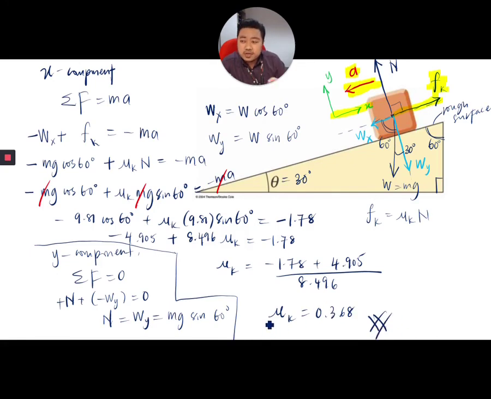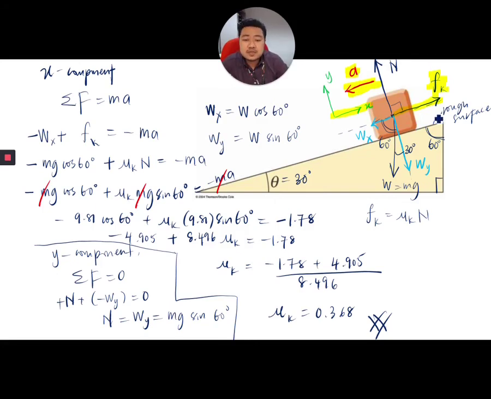For the coefficient of friction, in this case it is dimensionless, it doesn't have a unit. Okay, so this is going to be the answer for B. Alright, so because of that, we can now proceed to solve question 10C.